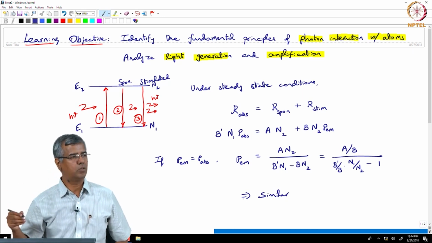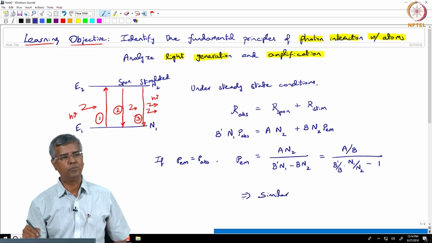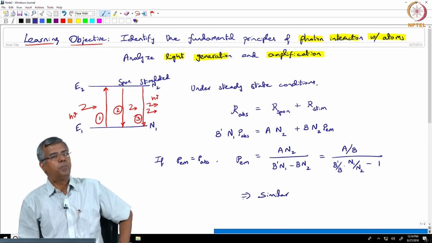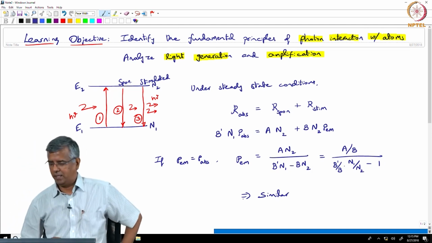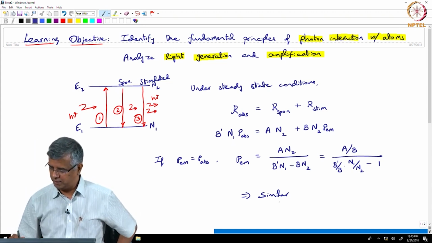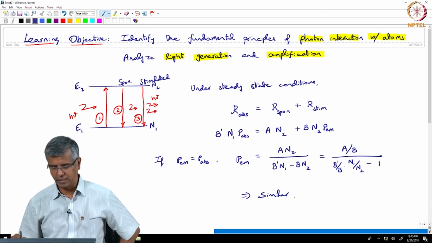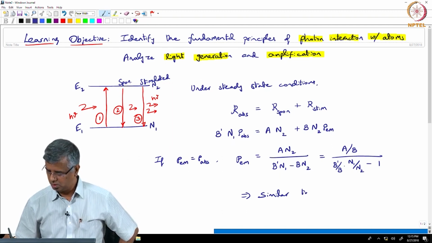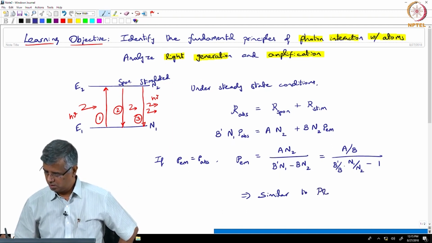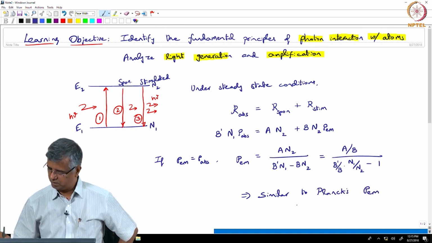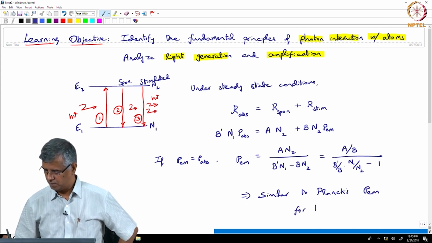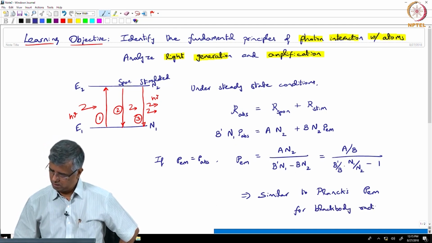In that case also, Planck had derived an expression for this emission probability density, and so Einstein basically said, okay, this is similar to Planck's rho EM for black body radiation.